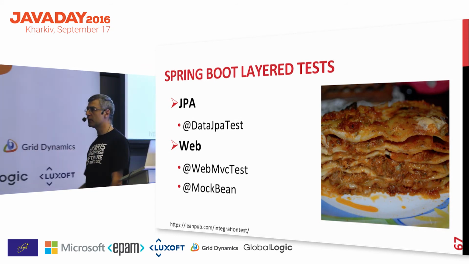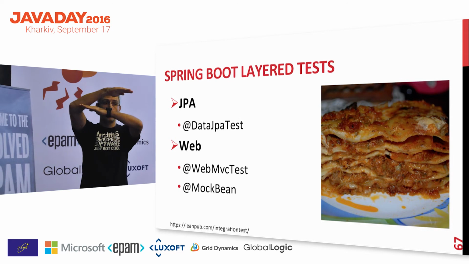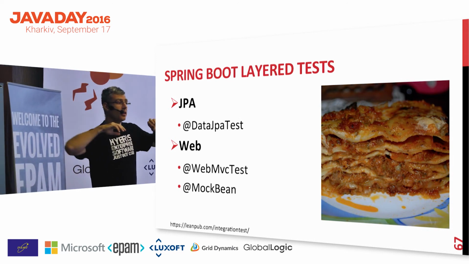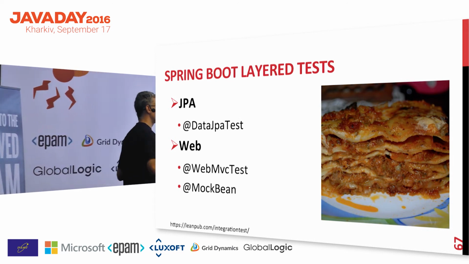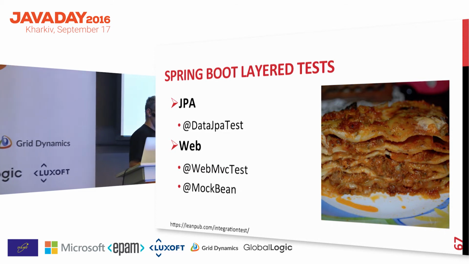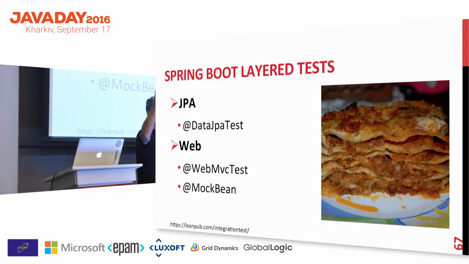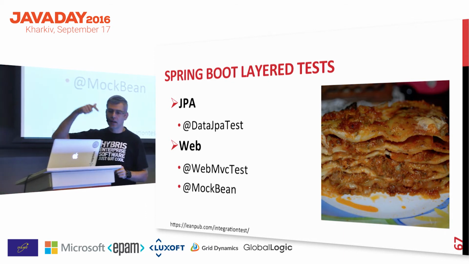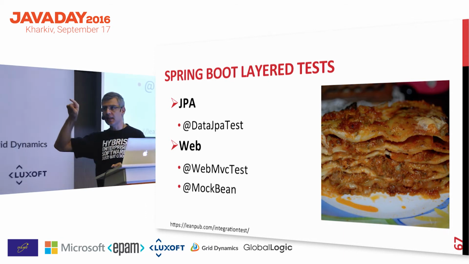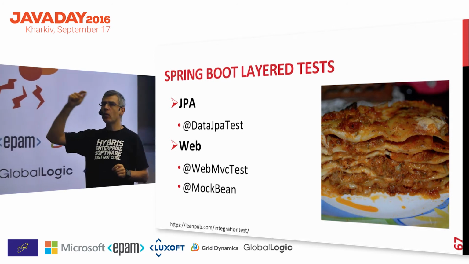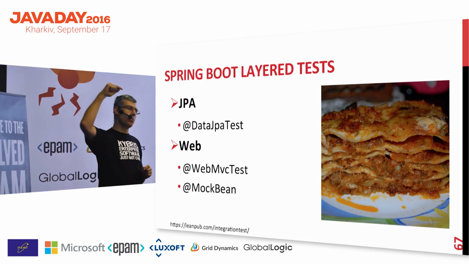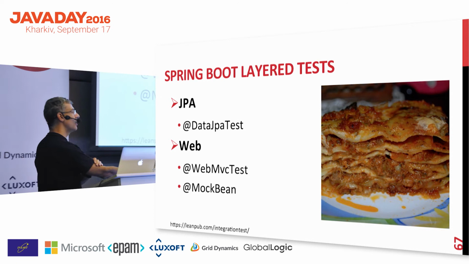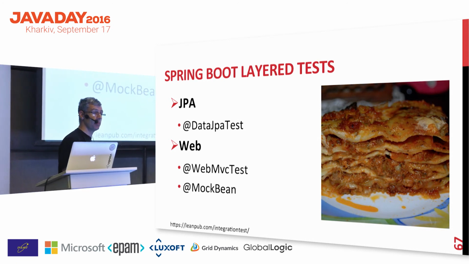So for example, you can test only your controllers, and by annotating the services as dependencies in the test with MockBean, the WebMvcTest will say, okay, I will need to use these mock beans and provide Mockito dependencies for them.